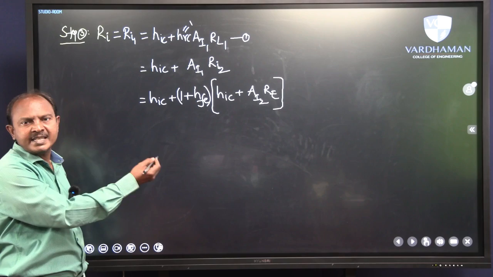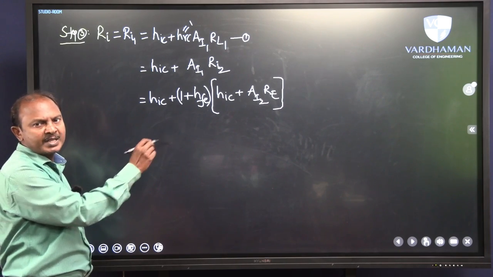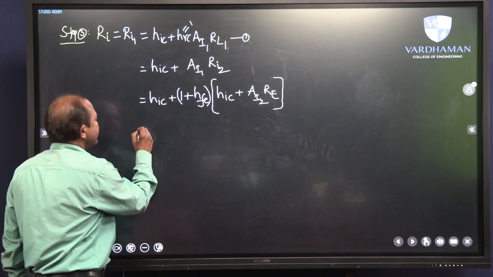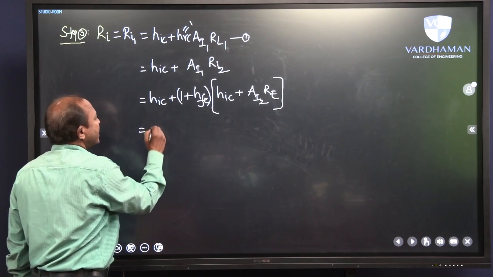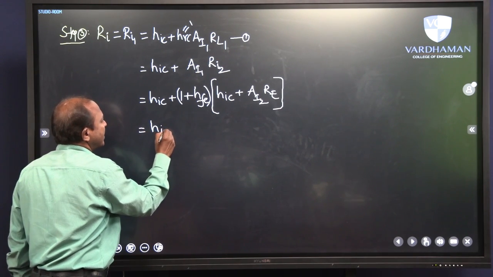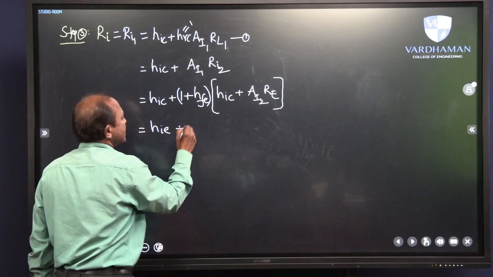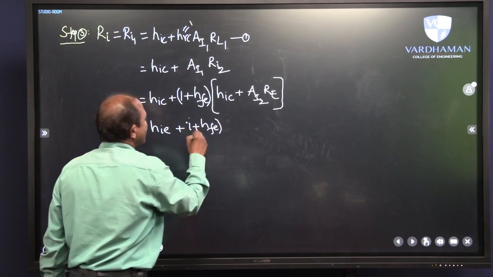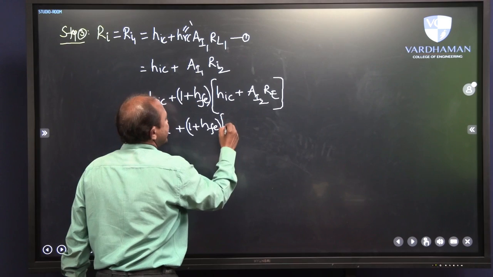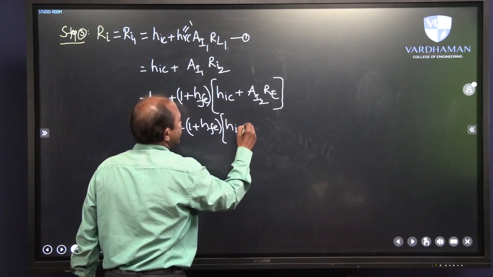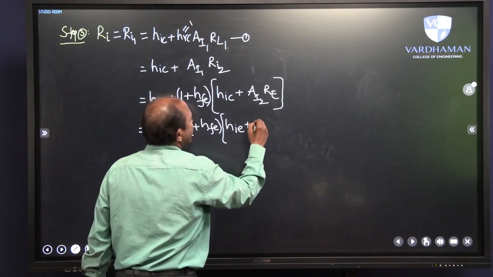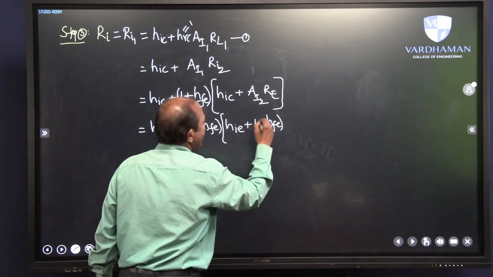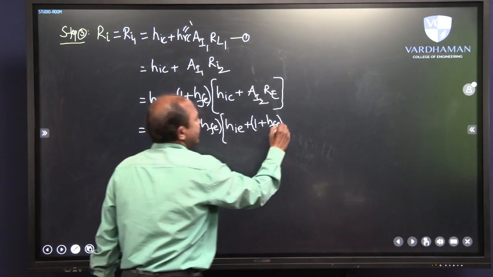But we know hrc equal to 1. Therefore, I removed hrc from that. Then AI2 RE I wrote. Then this equation becomes, hic according to h parameter conversion formula is hie, plus 1 plus hfe into RE. It becomes hie plus AI2, which can be approximated as 1 plus hfe, as we did in the previous step, into RE.